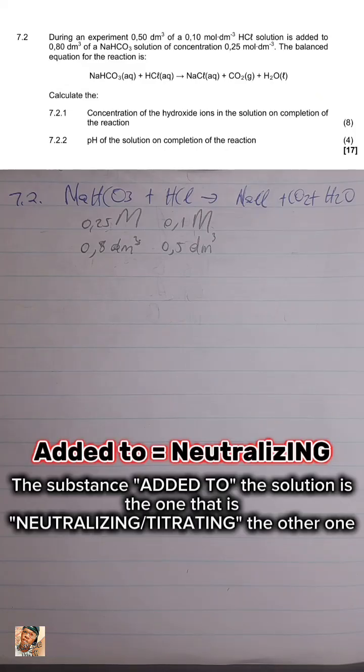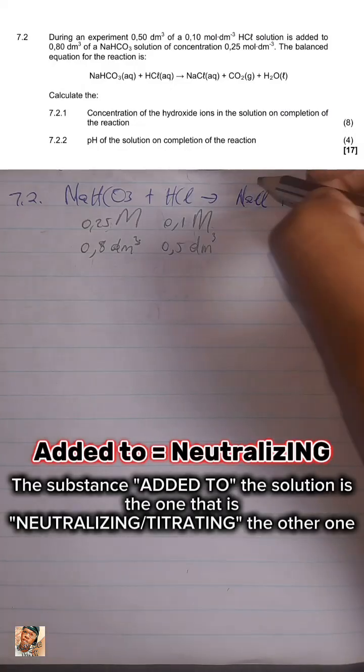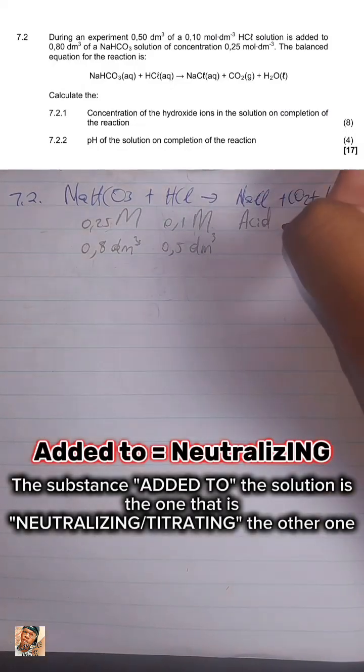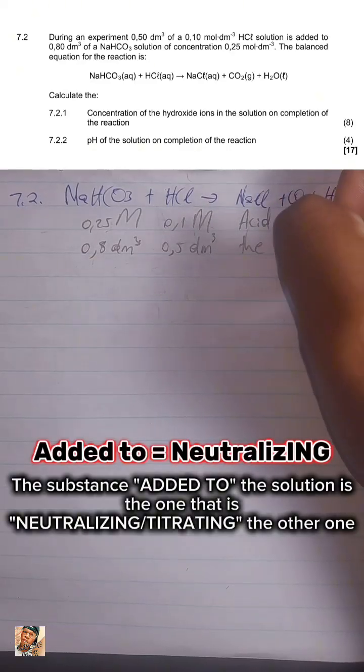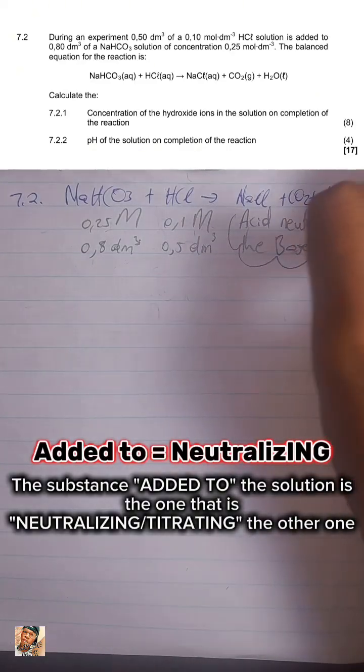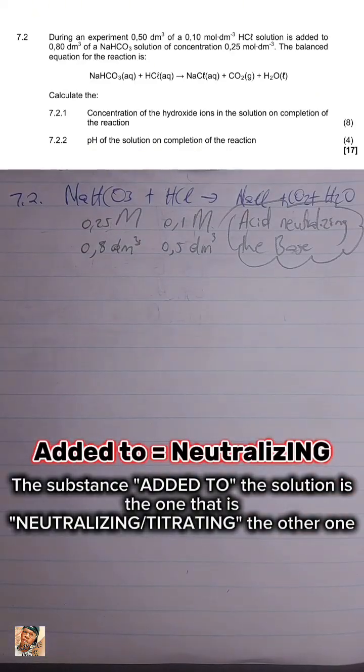So it is the acid that is neutralizing the base, and it is the base that is being neutralized. Okay, so we have to keep that in mind. This is very important.